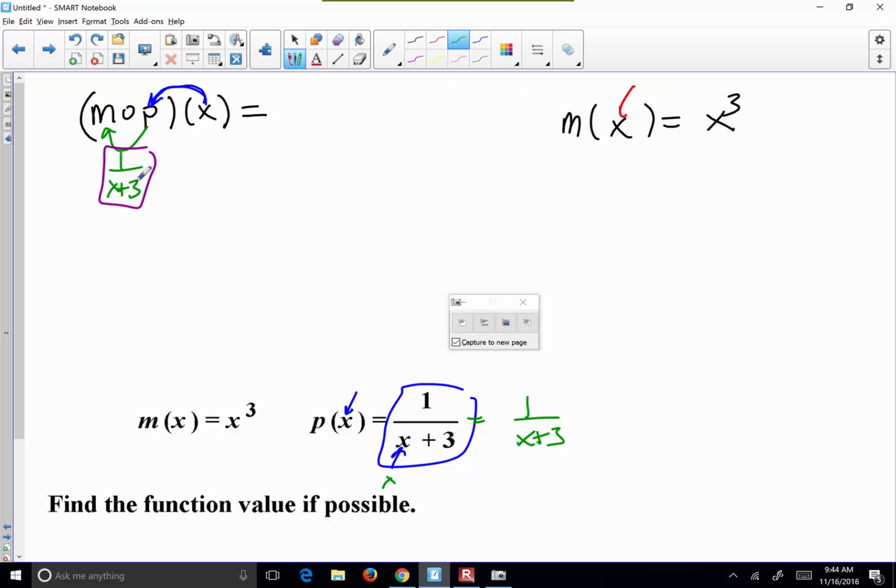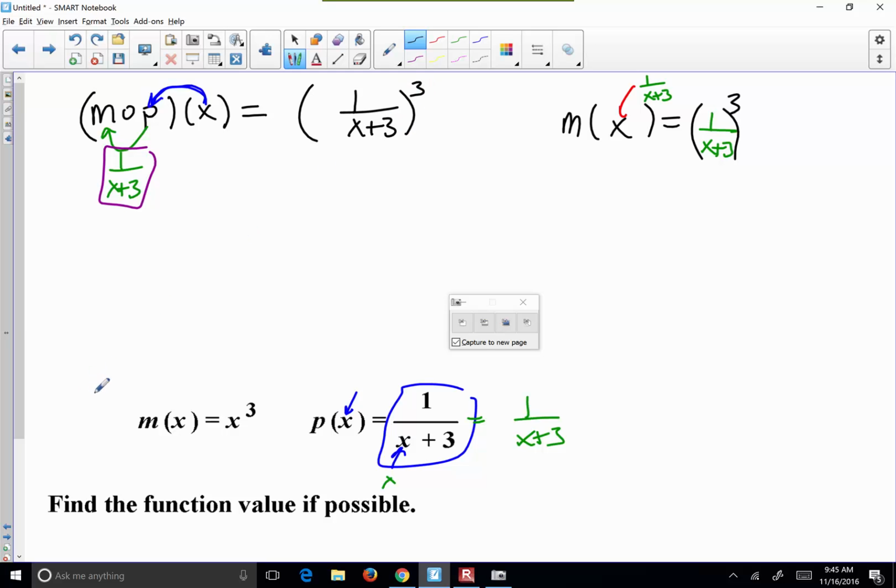It's no longer X. 1 over X plus 3 is visiting it. So guess what you're gonna supply in X? You're gonna take an eraser, remove X because somebody is coming in and replacing all X's. Erase it and replace it with 1 over X plus 3. Since it's multiple terms with a ratio, put the parentheses around it. That's it. You found that it's 1 over X plus 3, cubed.